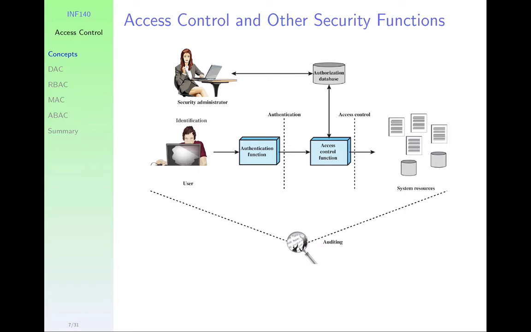After this communication, the access control function will grant the access right to this user to access some resources in the system, like files, like databases. And this whole process needs to be audited, needs to be tracked. So this auditing process provides accountability in the system. This is the general picture of the access control steps.